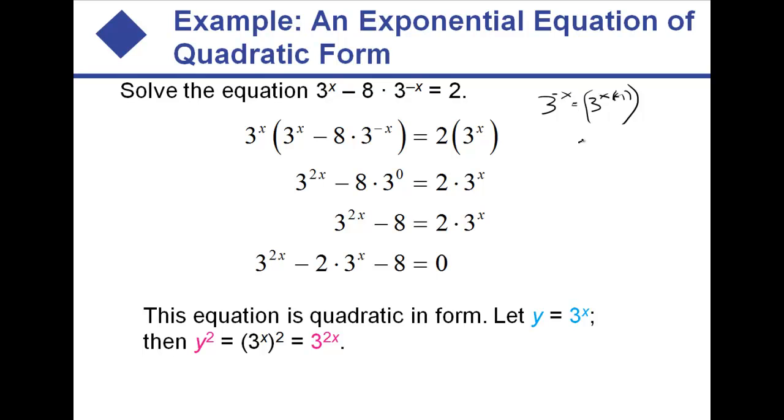And that's 3 to the x to the negative 1, which is just 1 over 3 to the x.